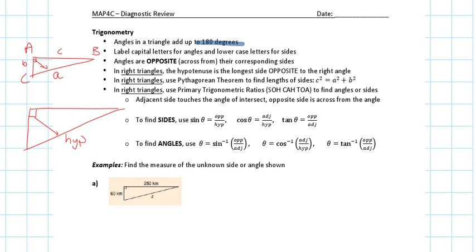Now, the other two sides are going to be called either the opposite or the adjacent, right? And it depends on what angle of interest I have. So let's say this is my angle of interest, the angle that's given to me or the angle that I need to look for. The side that's opposite to it is going to be this side, because that's your opposite side. And the other side is called the adjacent.